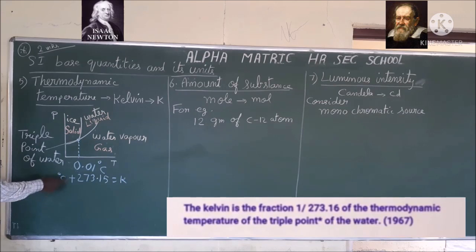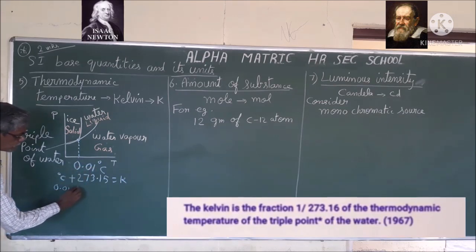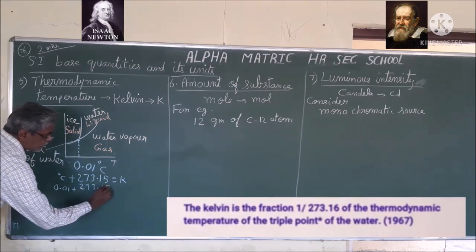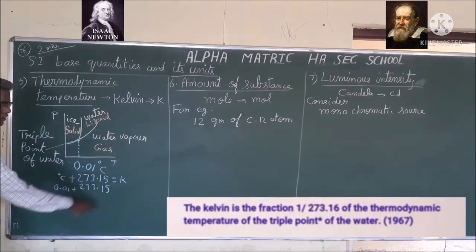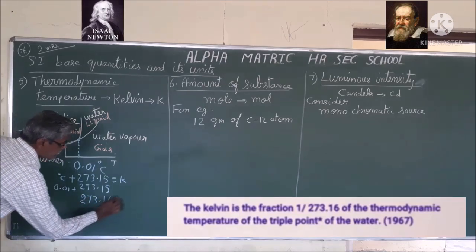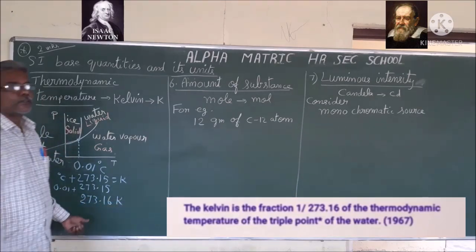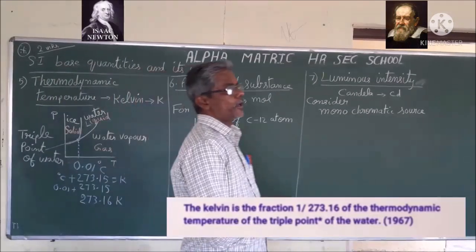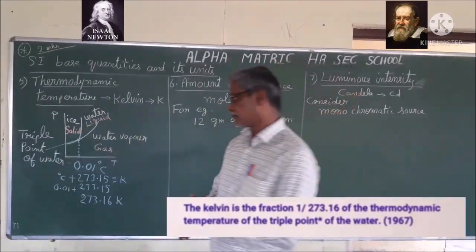Here, degree Celsius is 0.01. 0.01 plus 273.15, if I add this, I will get 273.16 Kelvin.